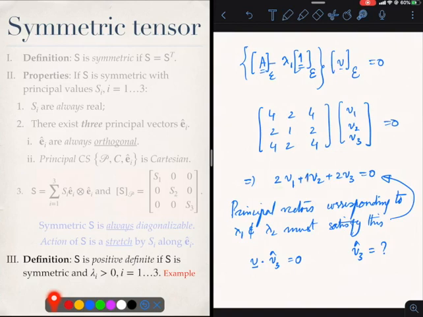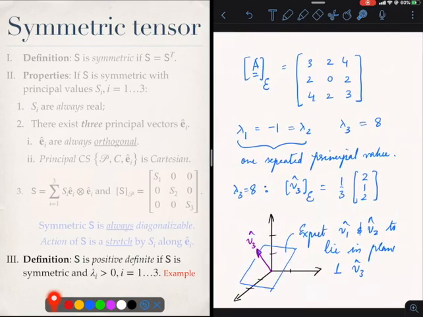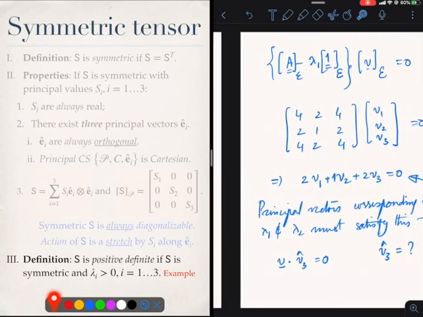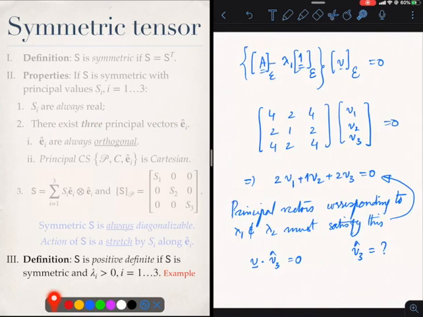Okay, so that means that the principal vectors corresponding to lambda 1 and lambda 2 are normal to V3, which is what we were saying over here, and which is what this statement is saying, that the principal vectors are orthogonal.